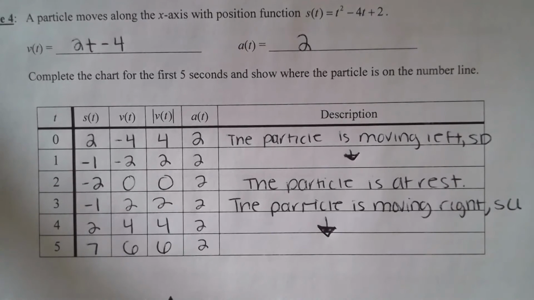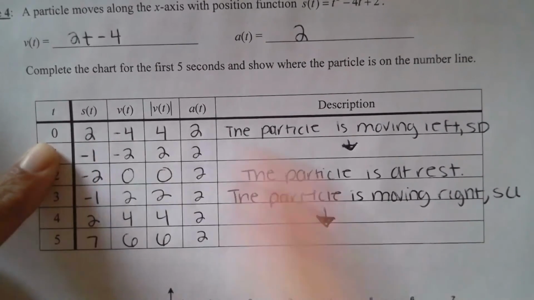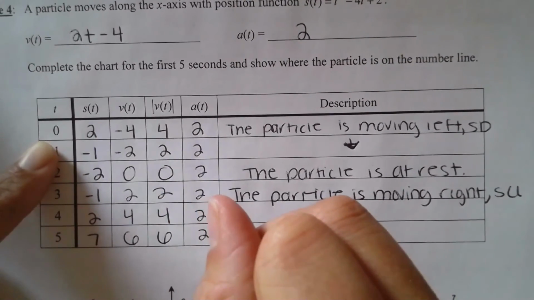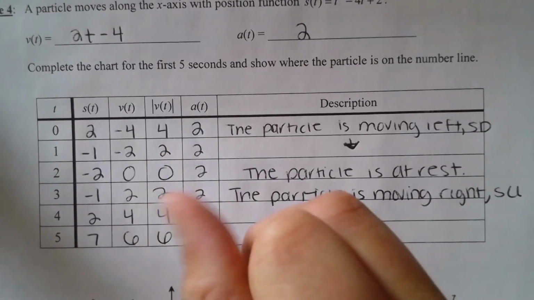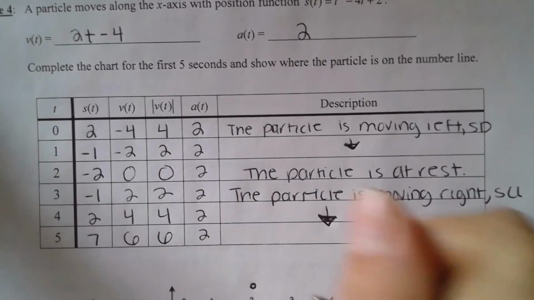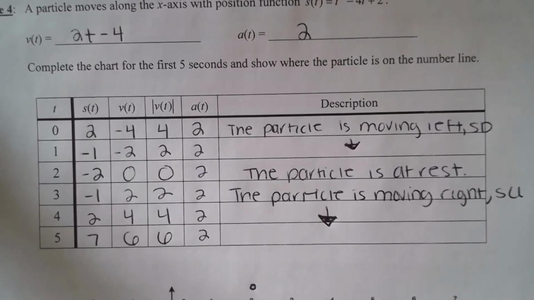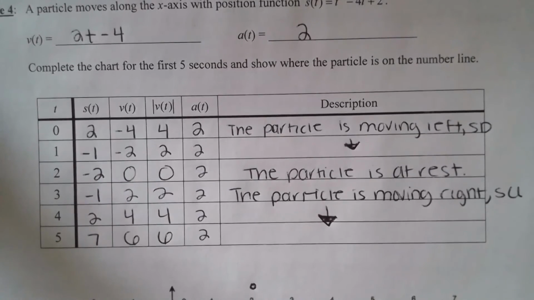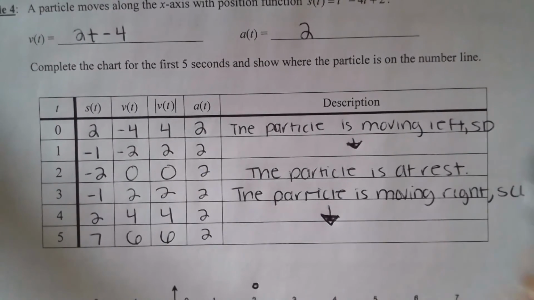And then on the number line, we're just kind of plotting our points. So at 0, it's at 2 units to the right. And then at that point, it moves left.